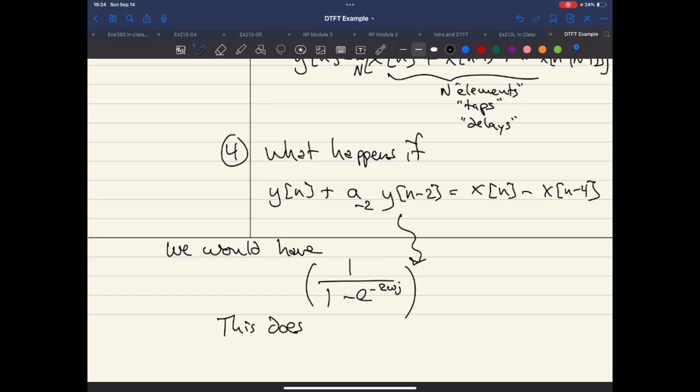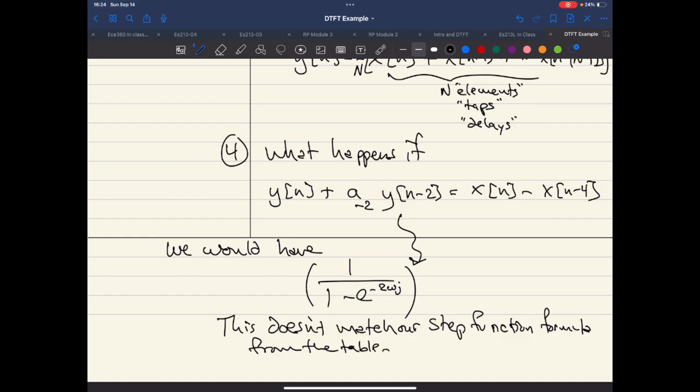And this doesn't really match our step function formula from the table. Right, so if you go back and look at your table, you might have a little bit of an issue.